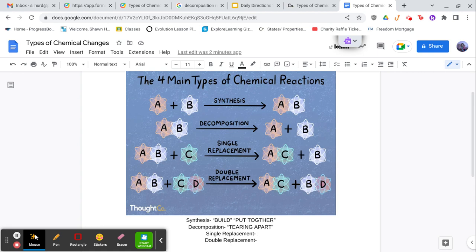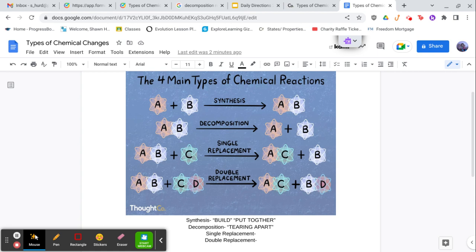If it's neither of those two, because those are the two most obvious, you are then going to move along into single replacement and double replacement. And remember the root of replacement. Replacement doesn't necessarily mean that I'm getting rid of something. It just means I'm moving one element in and I'm moving another element out. Or I'm moving one compound in and I'm moving one compound out.